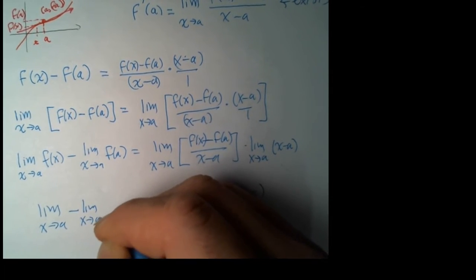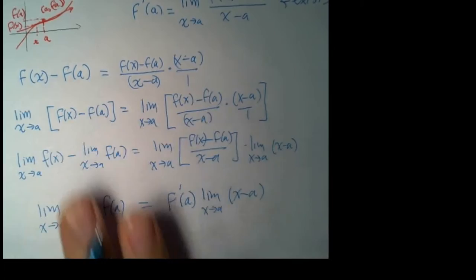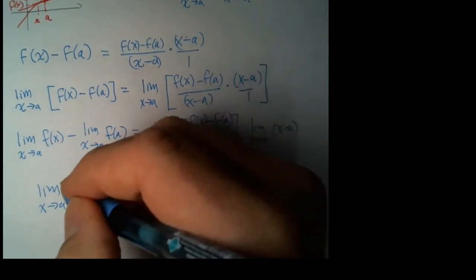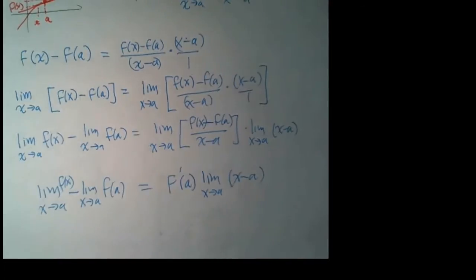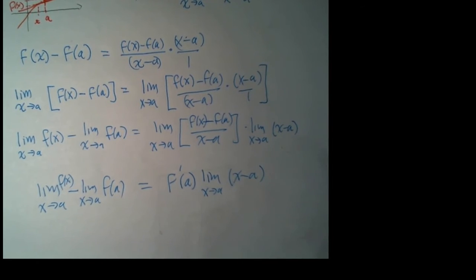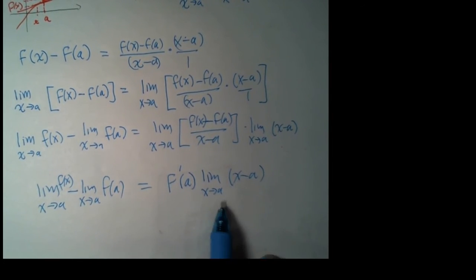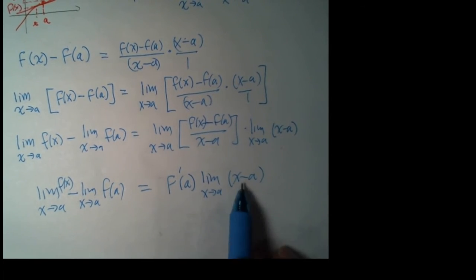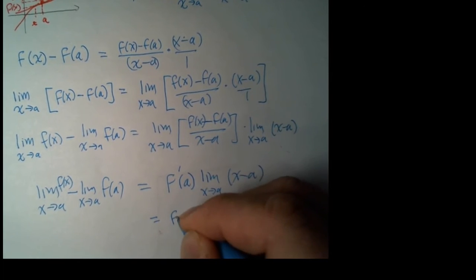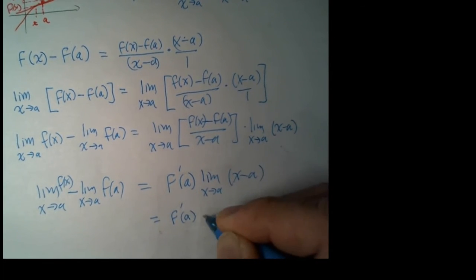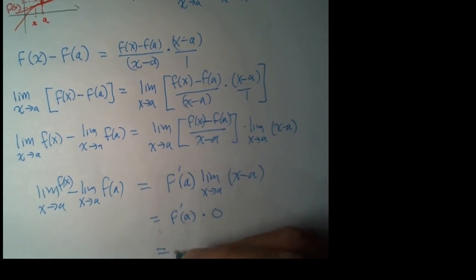Now this limit, I can just plug in the value of a, since it's just x minus a and I'm not dividing by 0. Whenever I'm not dividing by 0 or something undefined happens, I can feel free to just plug in that value. So this just becomes f prime of a times 0, or in other words, 0.